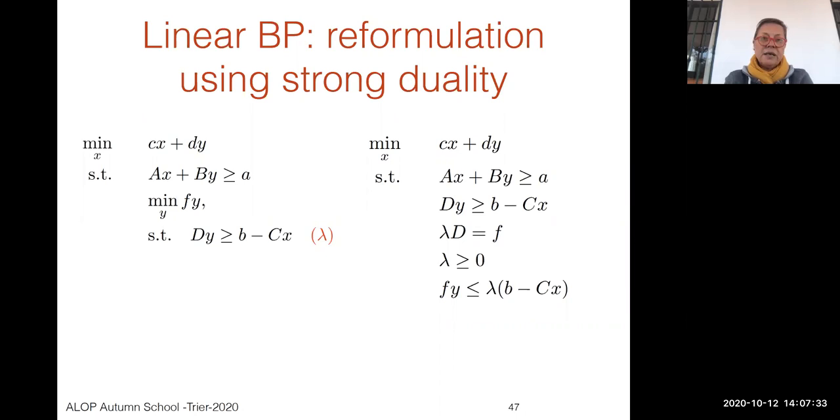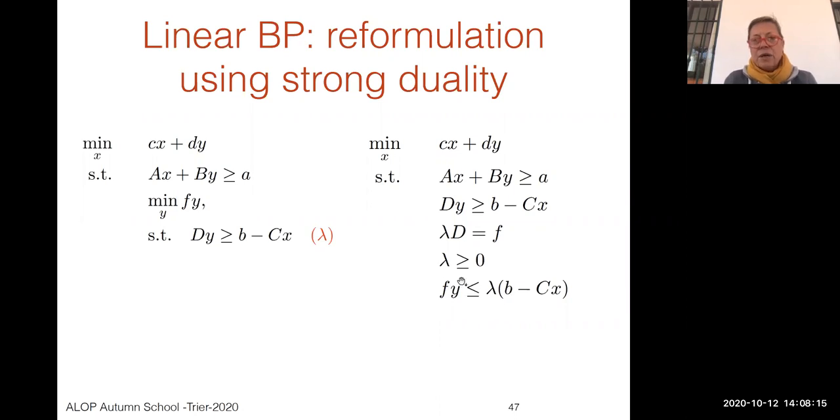What you can use is strong duality, which is totally equivalent. It means that in the single level reformulation, you have the constraints of the dual of this LP, which is the second level. And here I add the strong duality, which says that the value of the objective function of the primal must be smaller than or equal to the value of the objective function of the dual of the second level.